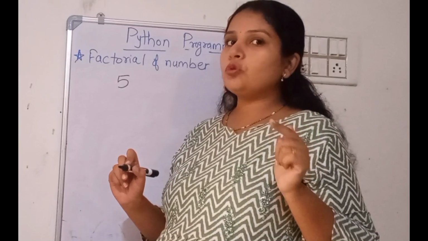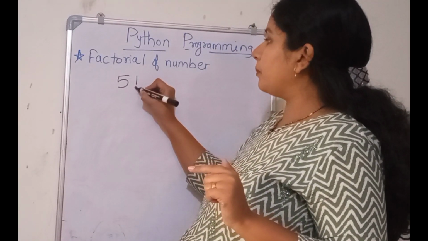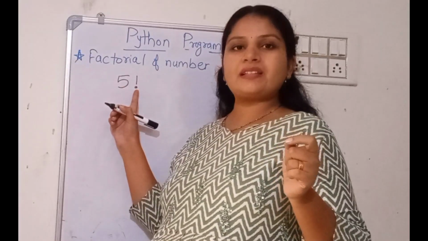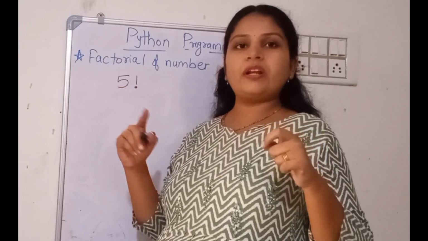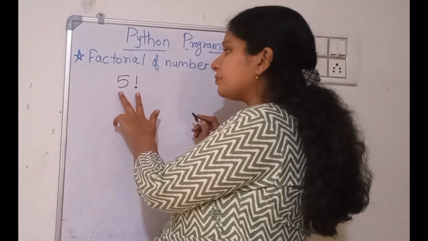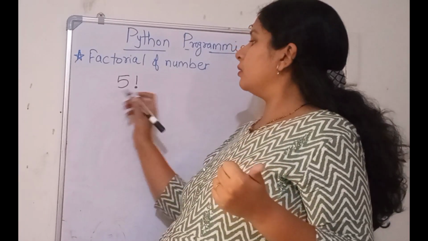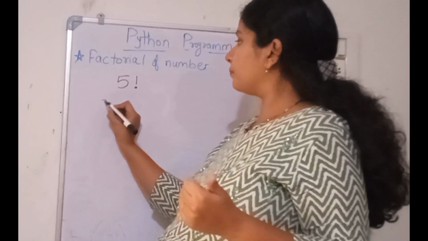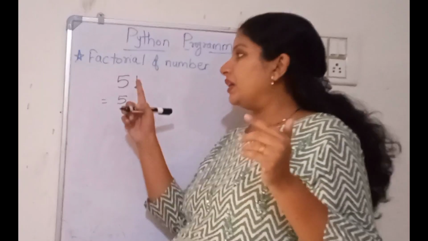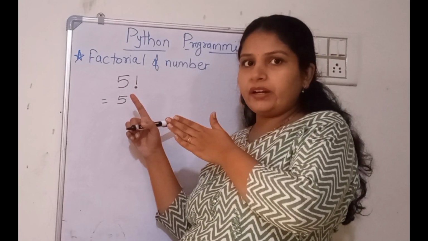If I want to calculate the factorial of 5, the symbol for factorial in maths is the exclamation mark. So that you will know how to calculate the factorial. Now here, how to calculate it? Just take the number 5, then multiply this 5 with the previous numbers, less than 5.